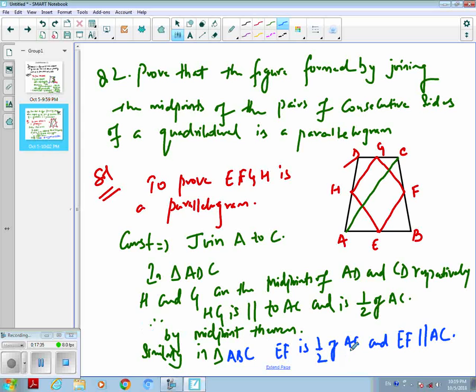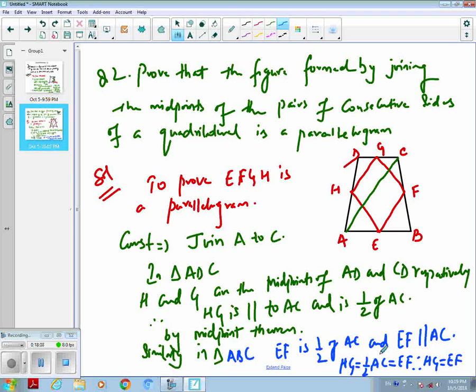That means HG is half of AC and similarly EF is also half of AC. Therefore, HG is equal to EF.